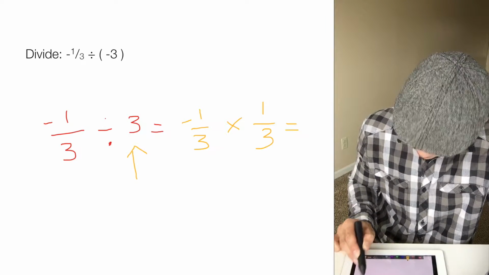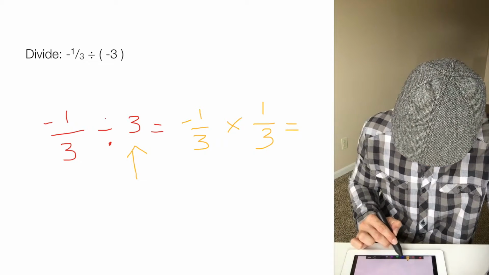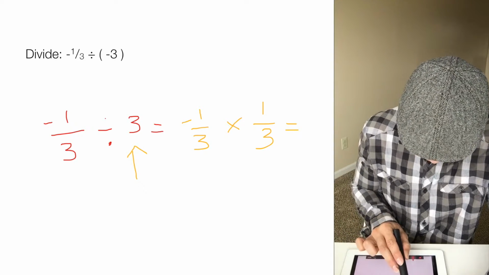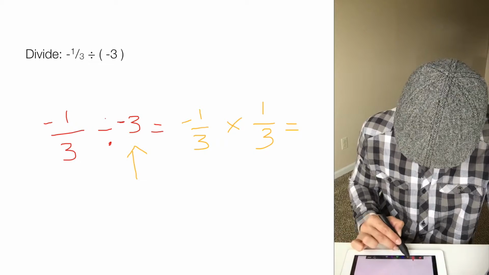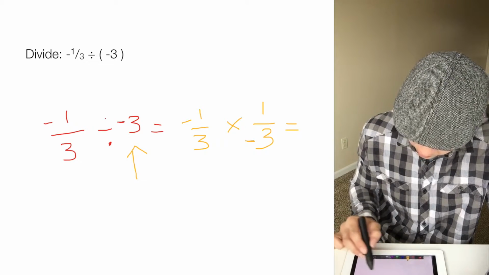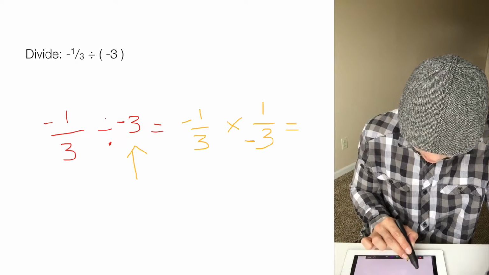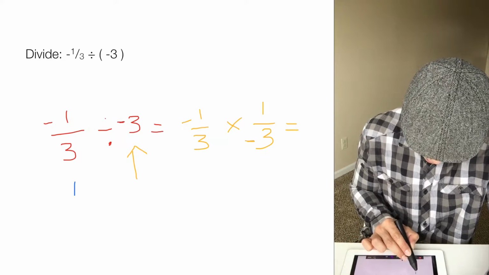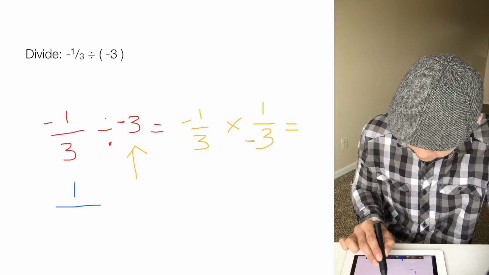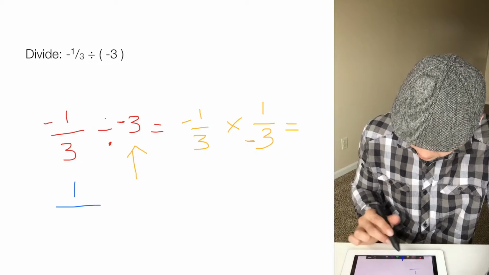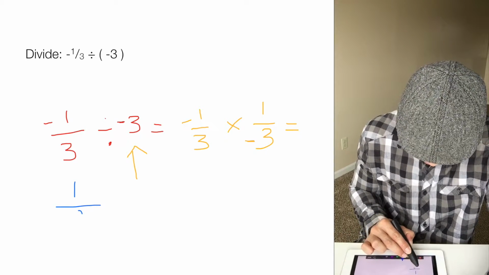Forgot to add a negative sign here. So we have a negative sign here. If we multiply that, we have 1 times 1, which is 1, and then 3 times 3, which is 9.